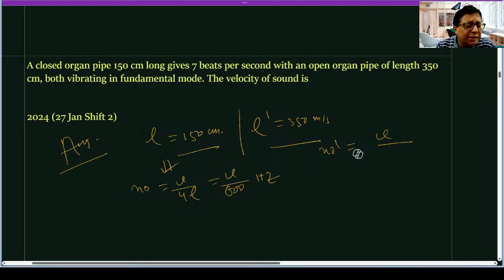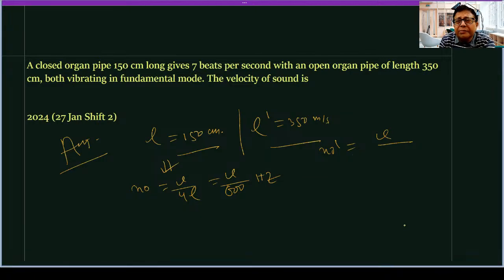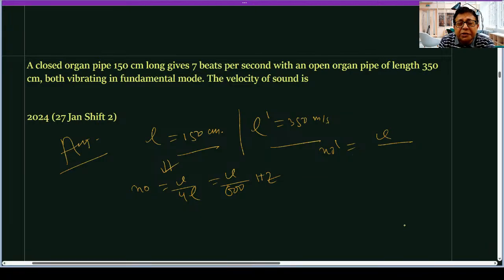We have to find it, L dash 350 is given. We cannot change it. Closed organ pipe, oh, no, open pipe this is. So for open pipe, V by 700. Okay.